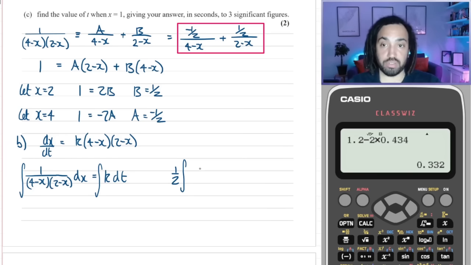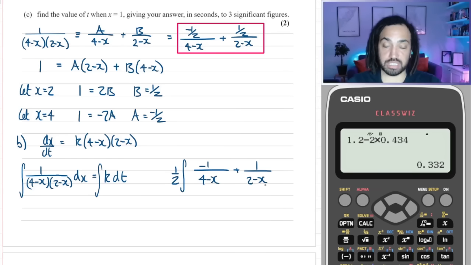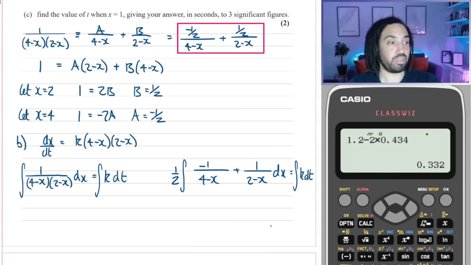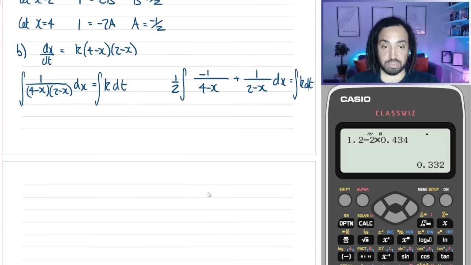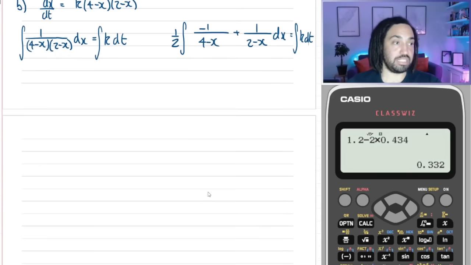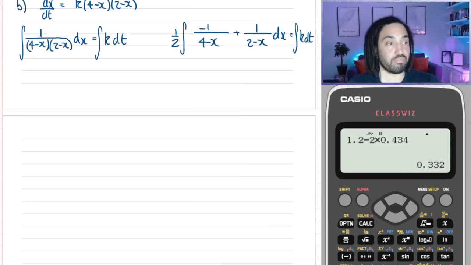So we're just left with minus 1 over 4 minus x plus 1 over 2 minus x dx. And that's going to equal the integral of k dt. Okay, perfect.